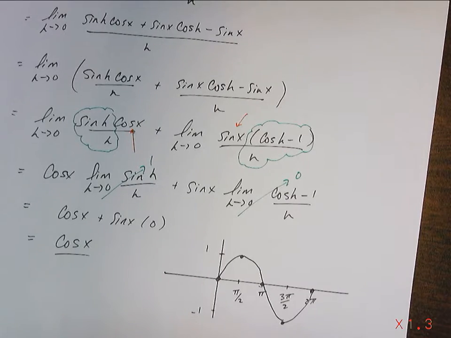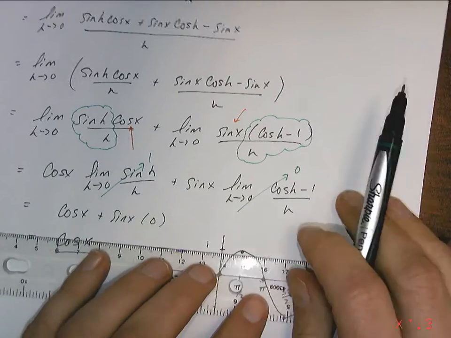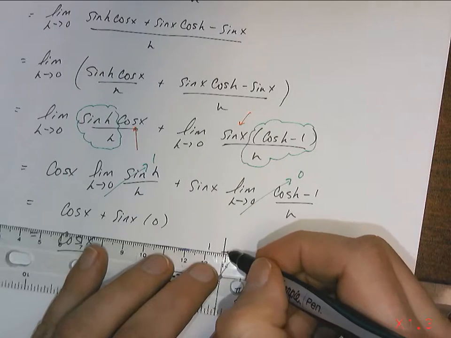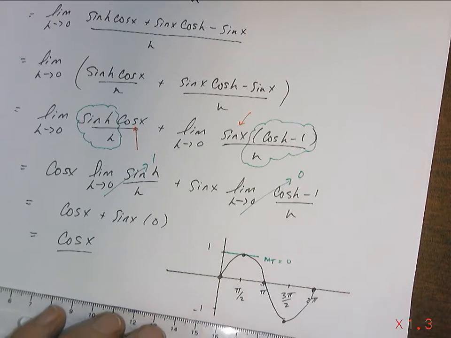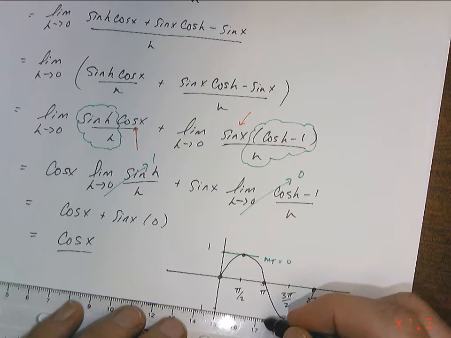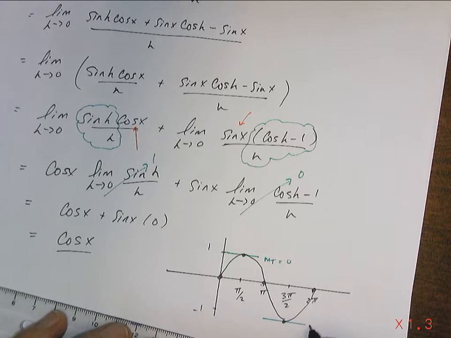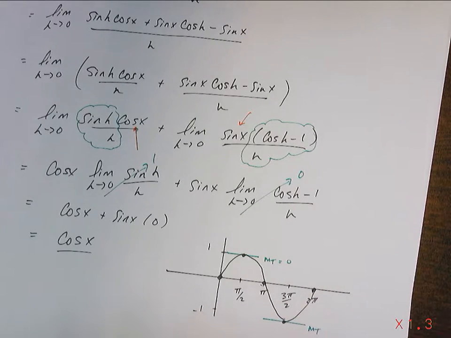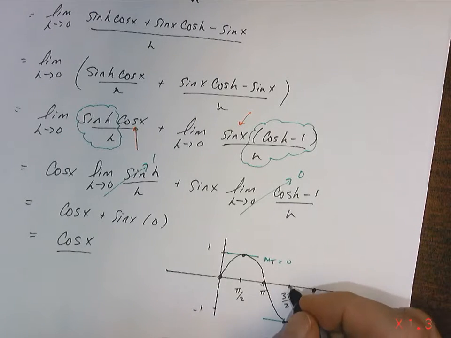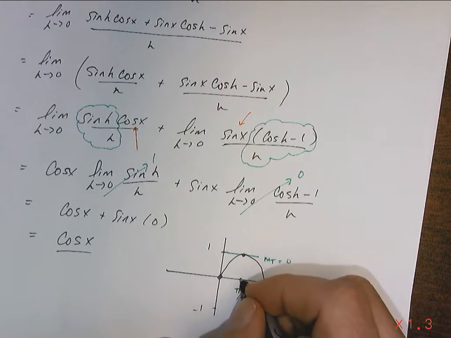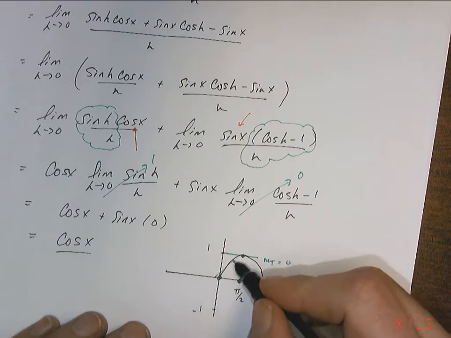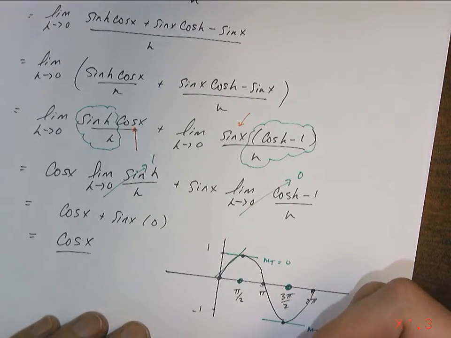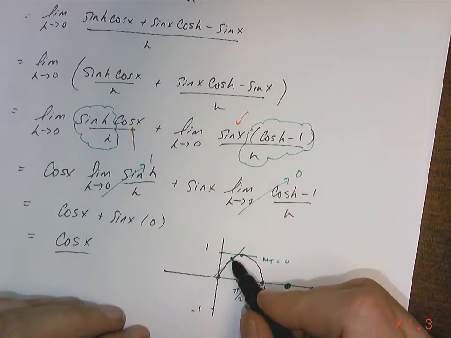Let's take a look at the slopes of the tangent here. I got a slope of the tangent that is 0 here. I've got a slope of the tangent that is 0 here. So if I was to draw the derivative curve, it would go here for 0 and here for 0. Now notice that the slope of the tangent here is positive and it is decreasing.